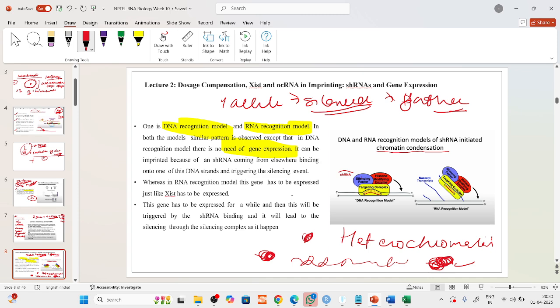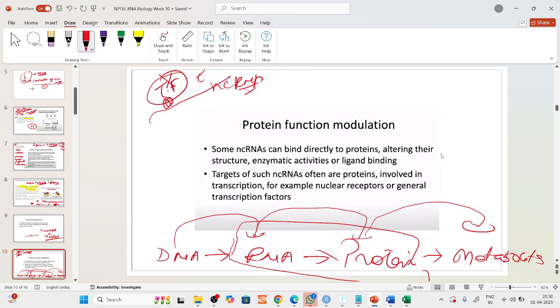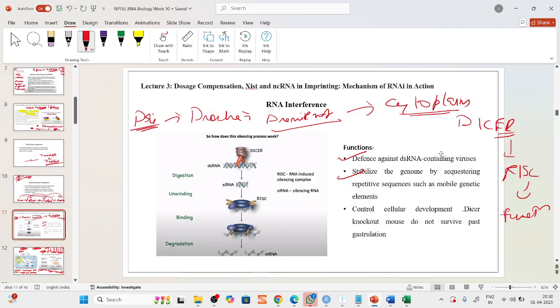So in the DNA recognition model, externally shRNA comes and binds to the DNA. And then there is an addition of several other factors, histone modifying enzymes and methylations, etc. take place, and it is silenced. Whereas in the case of RNA recognition model, what happens? The shRNA is transcribed by the RNA and then it silences the gene. This we have studied. Then we have studied that there can be translational regulation also, or there can be protein function modulation also.